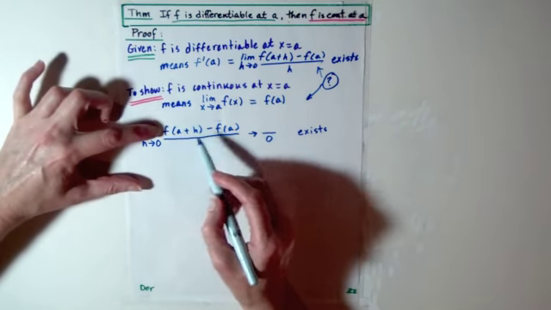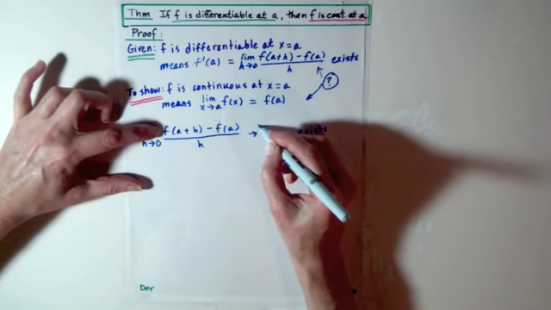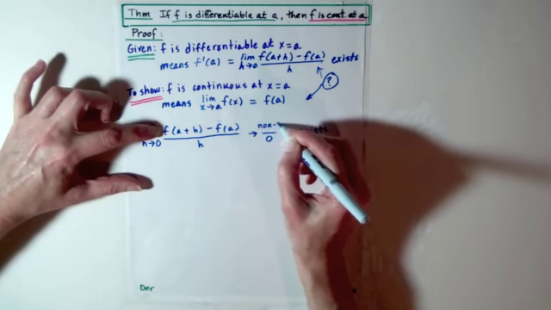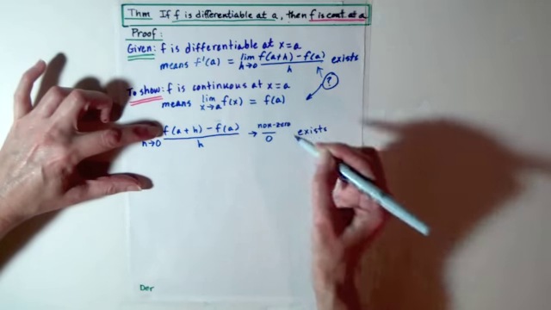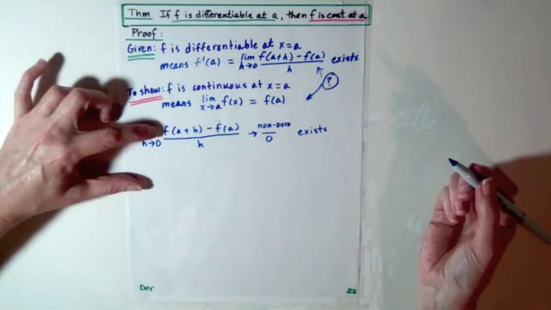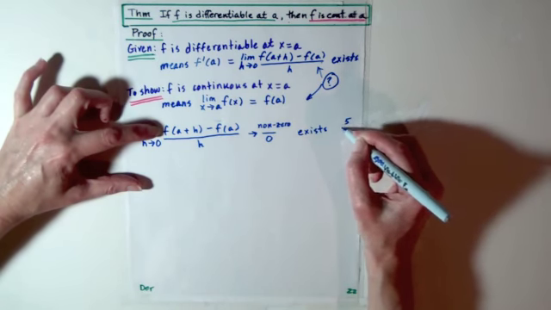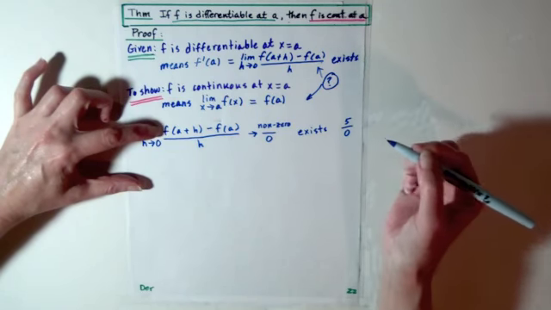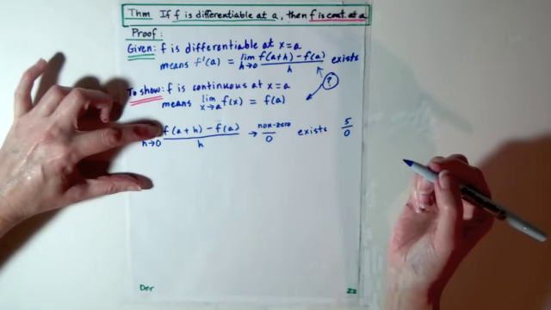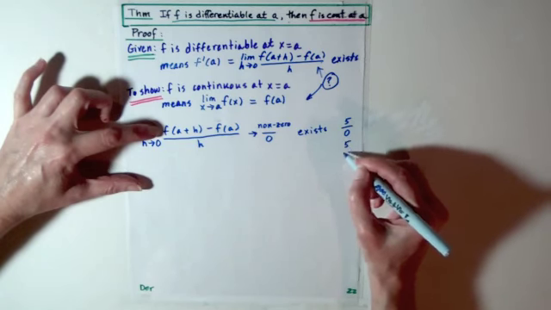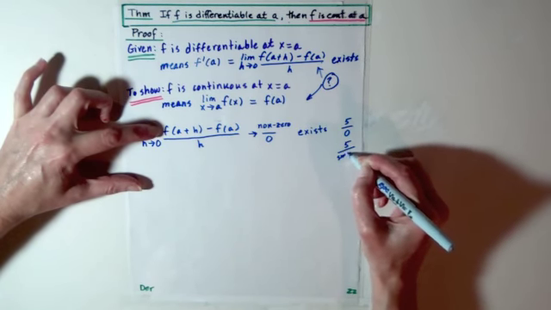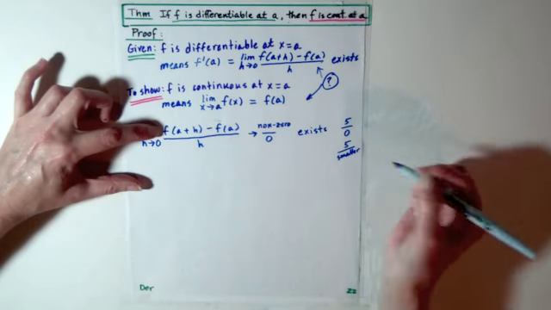Suppose for a moment that the top went to something that was non-zero. Maybe the top is getting closer and closer to 5, or just any number that is not equal to 0. If that were true, if the top were approaching, say, 5, and the bottom were approaching 0, we would actually be in trouble. You would have 5 over something that is getting smaller and smaller, at least in absolute value.